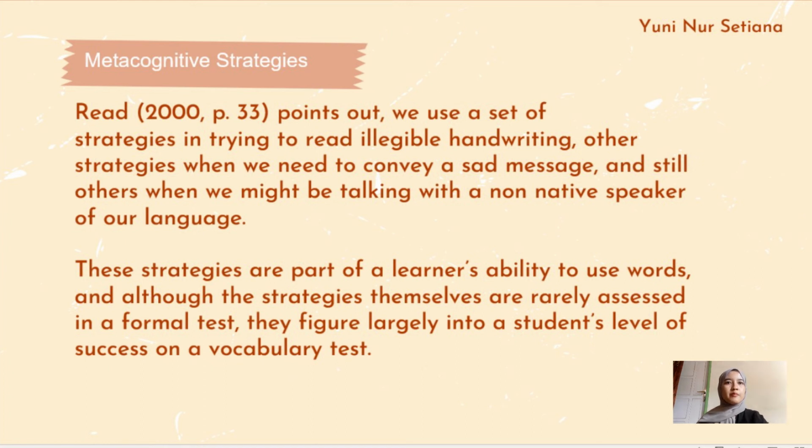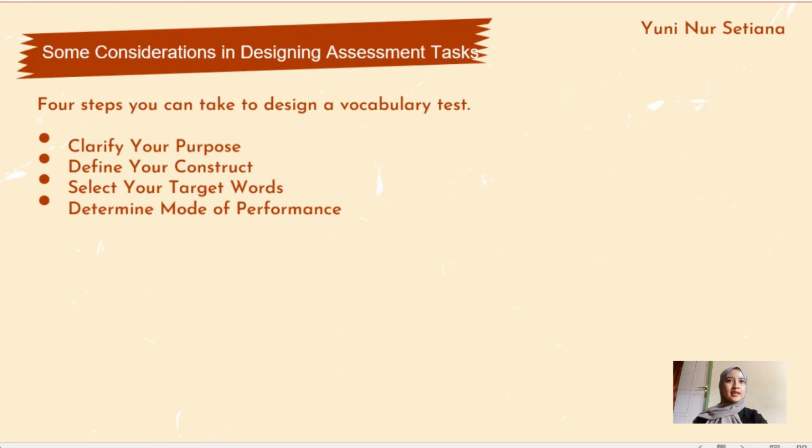These strategies are part of learners' ability to use words, and although these strategies themselves are rarely assessed in a formal test, they figure largely into a student's level of success on vocabulary tests. At the very least, teachers can help students both to remember words and to produce them through the use of appropriate metacognitive strategies.